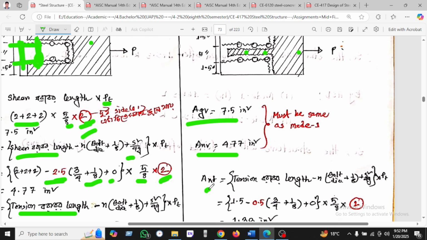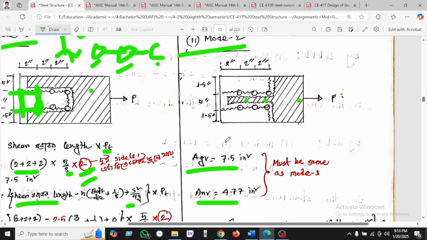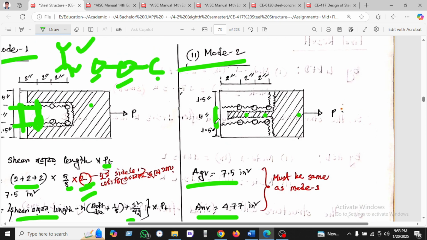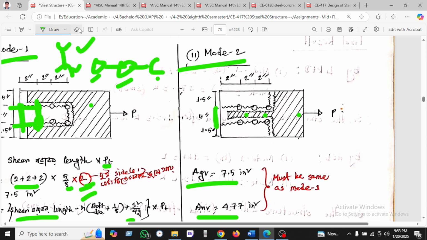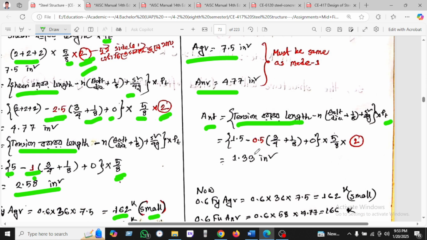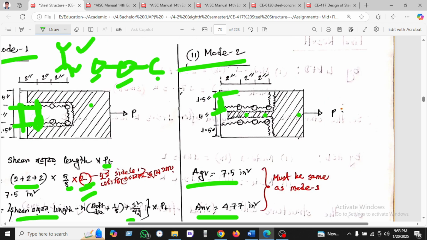So the change will be ANT. What is ANT? ANT is the length along the tension, n into bolt diameter into 1 plus n into s square into pt. So we have seen the length here is 1.5. Sorry, this will not be tension, so tension will occur in this portion. So we can see 1.5, and 5.5 is where only this bolt will occur in tension.